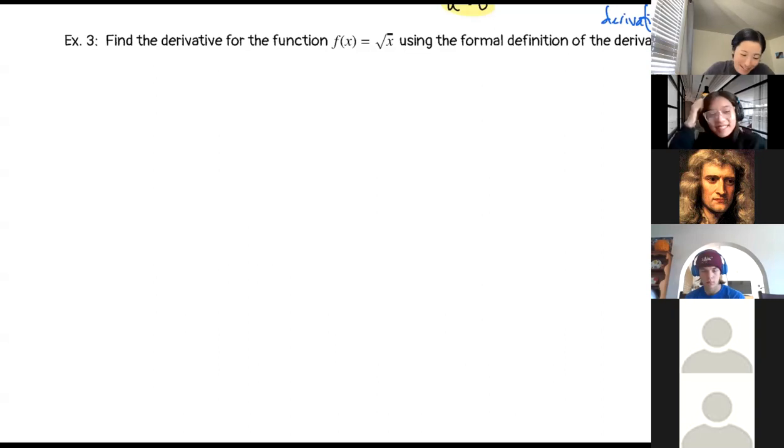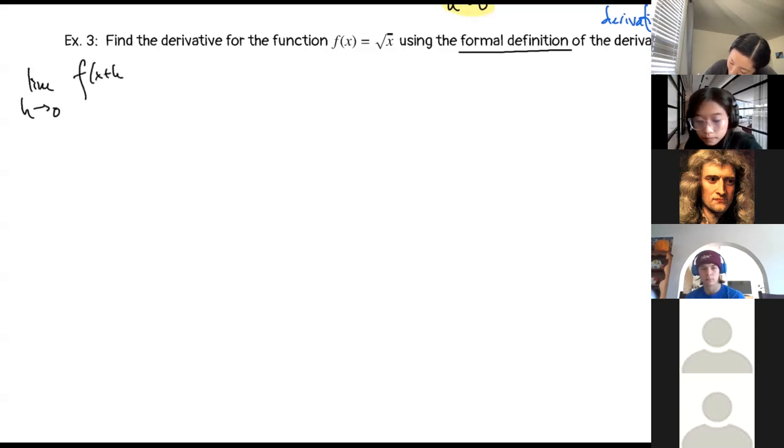Okay, so let's take a look at this question. It's asking us to use the formal definition of the derivative. So let's start by writing that down. The limit as H approaches 0 of f of x plus H minus f of x over H. And we know that f of x is the square root of x, okay?